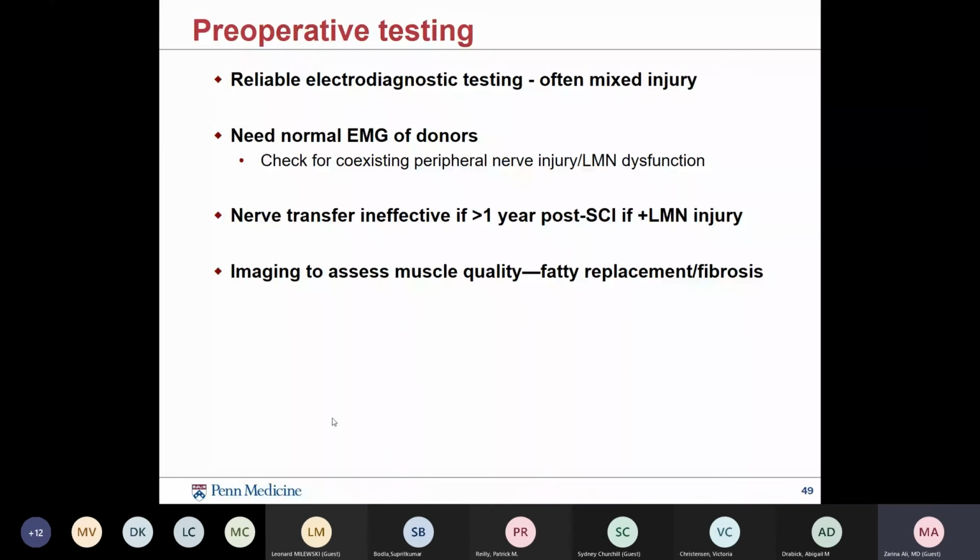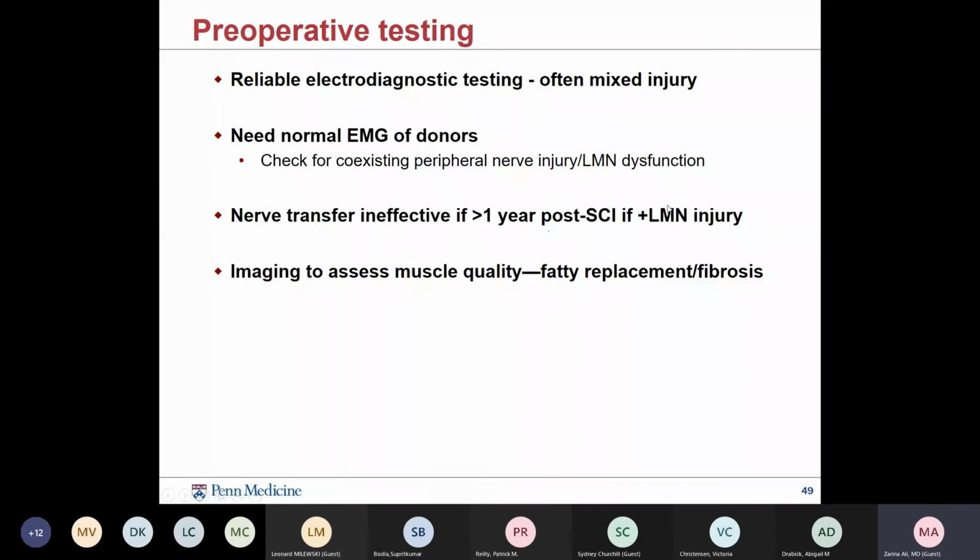And we rely heavily on understanding what our donor nerves are, right? These are the nerves that are going to be those expendable nerves, and we want to make sure that we have redundancy of those nerves. And then we're also looking for any evidence of coexisting peripheral nerve injury that would affect that nerve's ability of being a suitable donor.